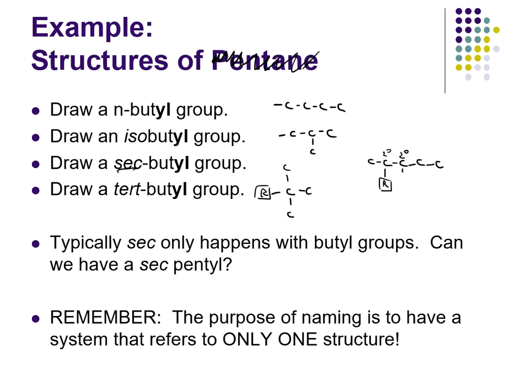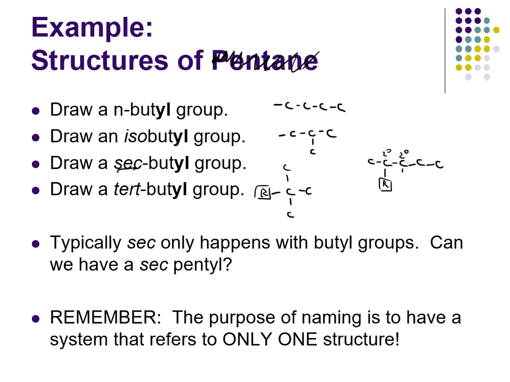And these are 2 distinct different ways that we can connect this piece to a larger part of the molecule. So after 4, we don't really see too many secs out there, because sec-pentyl would mean there's only one choice for a secondary carbon, and we've already discussed that that is not the case.